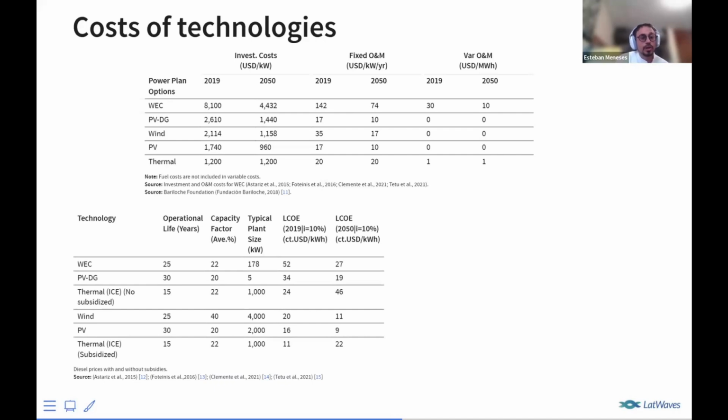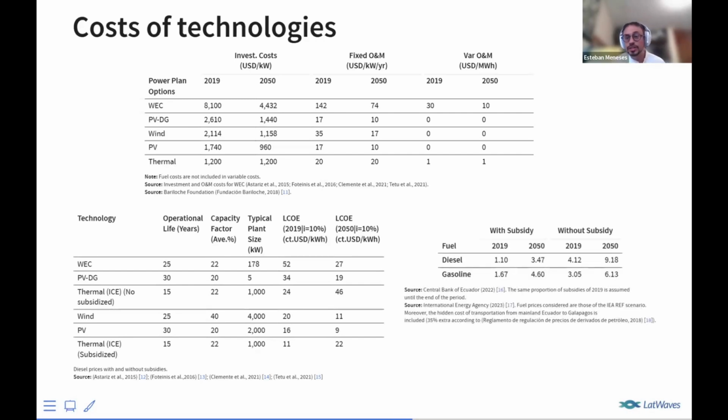For instance, the wave energy converter technology has an operational lifespan of 25 years, and the levelized cost of electricity starts in 2019 at around 52 cents and ends in 2050 at around 27 cents per kilowatt hour.